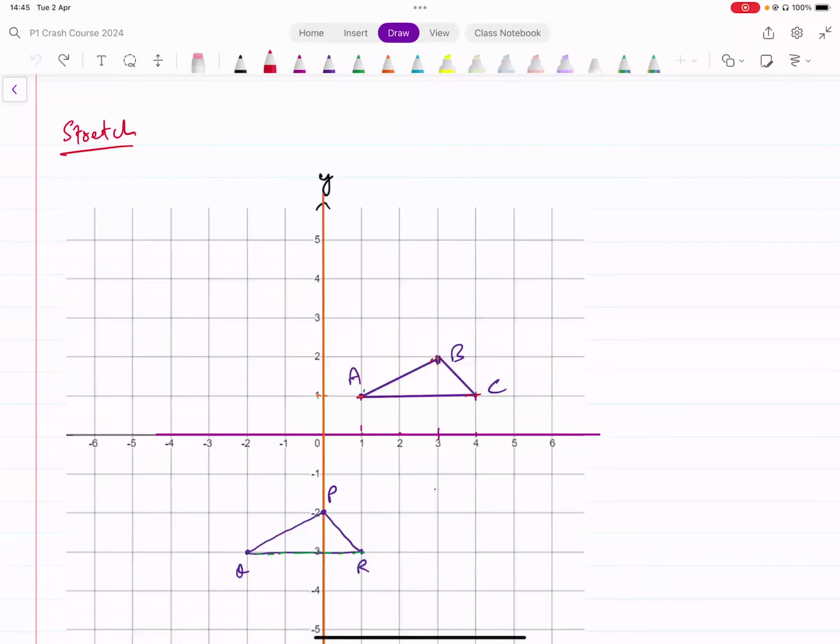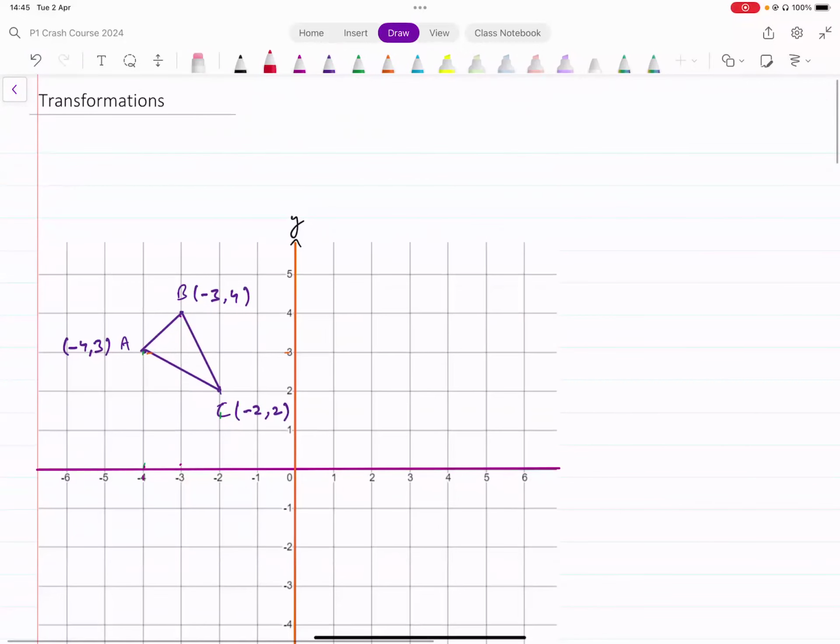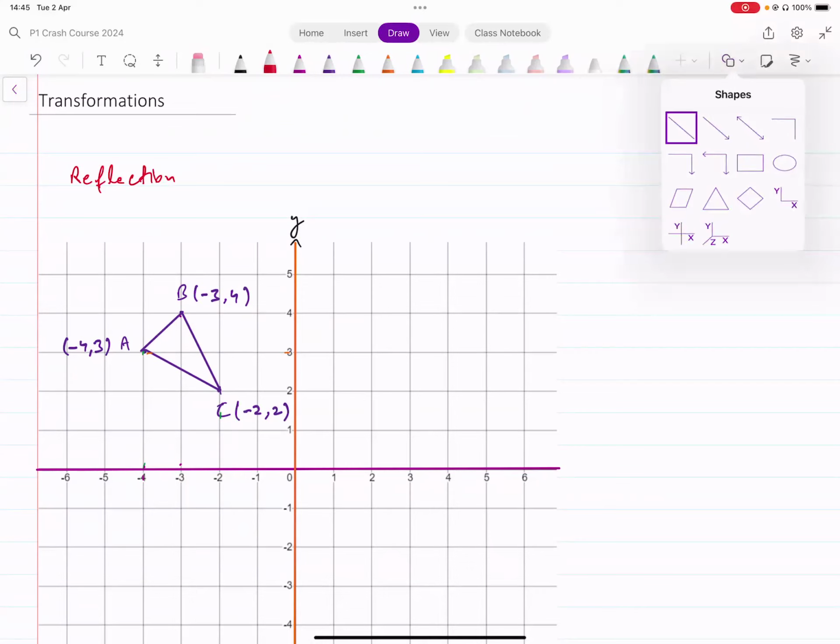I've just copied some diagrams here to help us understand these different transformations. Let's start with reflection first of all. Now you need to be able to do these transformations on a graph, and you need to be able to describe these transformations.